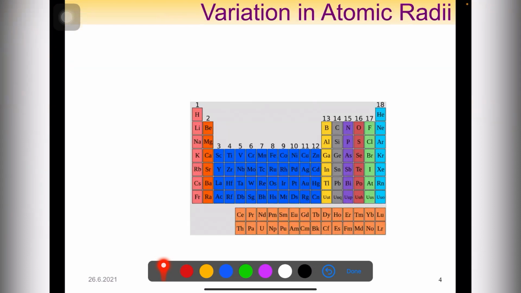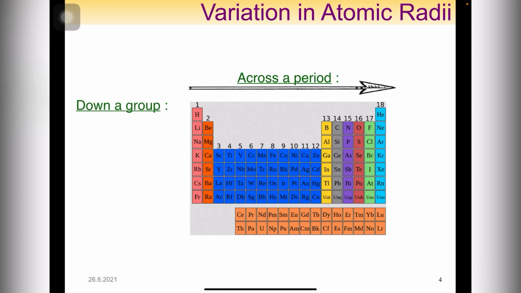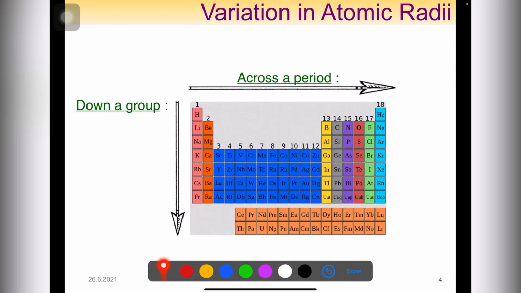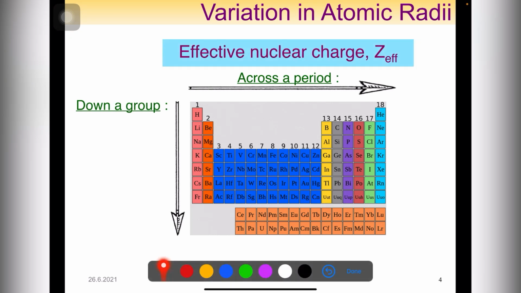Let's see the variations in atomic radii. In variations in atomic radii, you will learn the variations across a period and down a group. Across a period, the main factor affecting the atomic radii is effective nuclear charge, or the symbol Zeff.